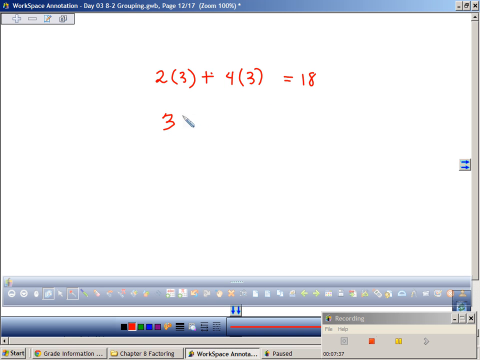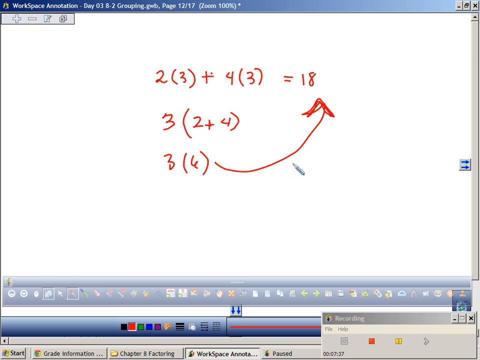So if I factor out a 3, what am I left with? If I factor out a 3 from this one, Randy, what am I left with? 2. And if I factor out a 3 from this one, what am I left with? 4. Correct? What's 2 plus 4? What's 6 times 3?